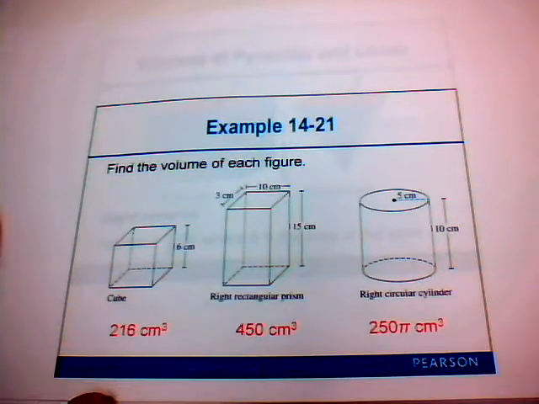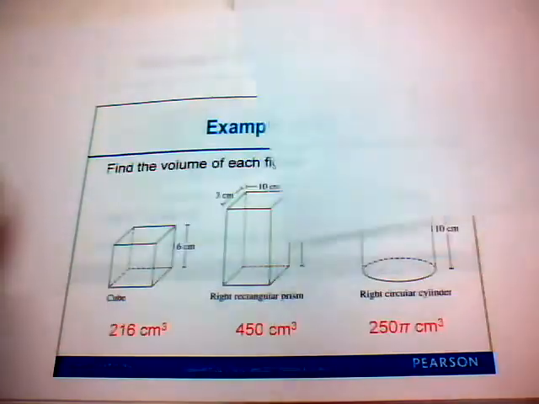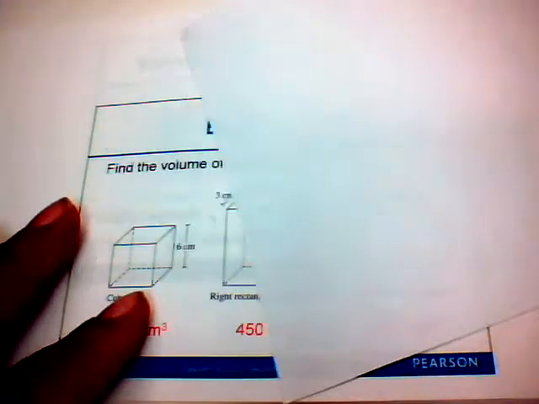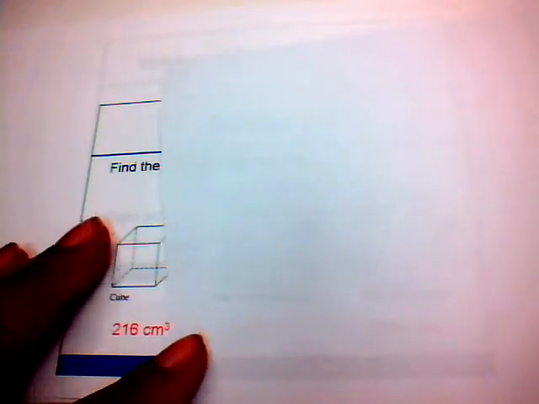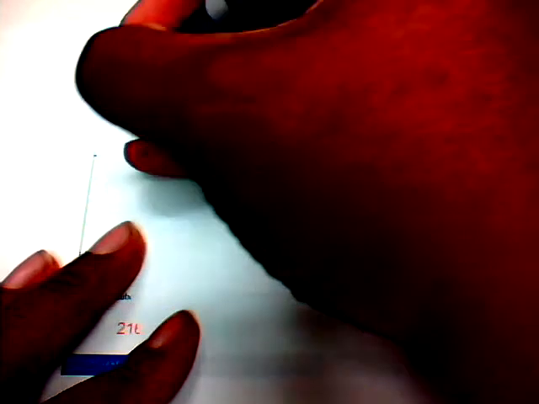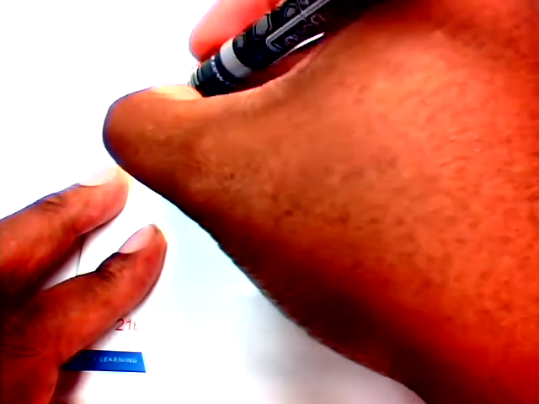Okay. Now, before I go over this example, I do need to introduce to you some of the volumes of some of these particular figures here. So here, let's say we have a rectangular prism, and we can call this a right rectangular prism.